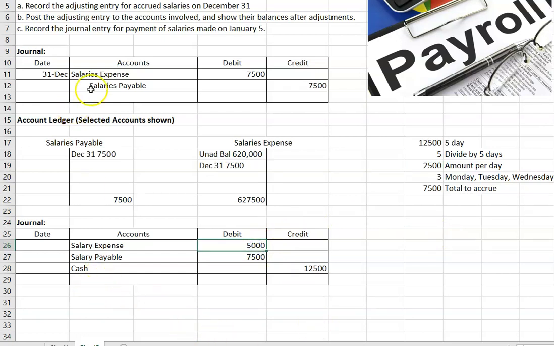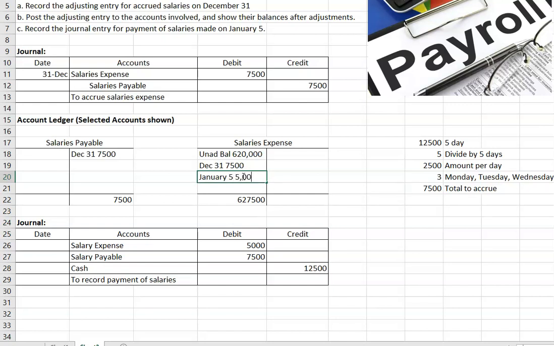All right, so let's go in here and just label these so we make sure that we know what these stand for. This journal entry was to accrue salaries expense. That's what it did. And this journal entry was to record payment of salaries. So that completes everything. If we were to look at what that now did to our ledger accounts, I have now put in an additional $5,000 here on January 5th.